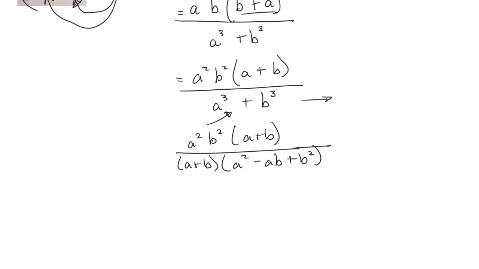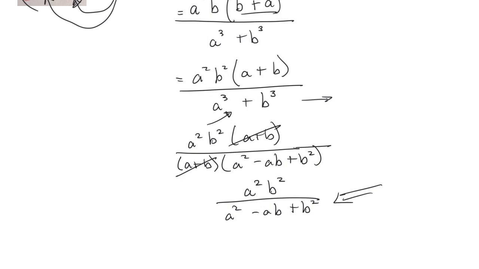Okay, now on the top and the bottom, they both have A plus B, so that'll cancel out. So I'm going to be left with A squared B squared over A squared minus AB plus B squared. And that's where I would finish.